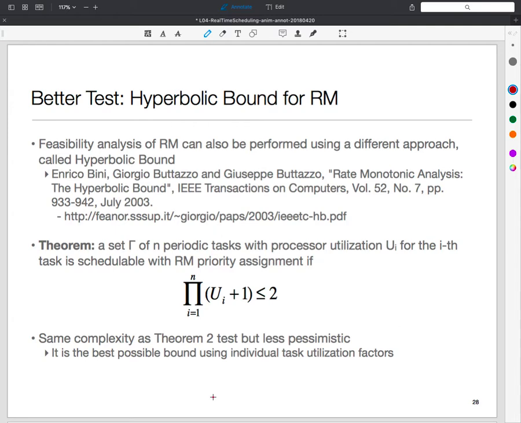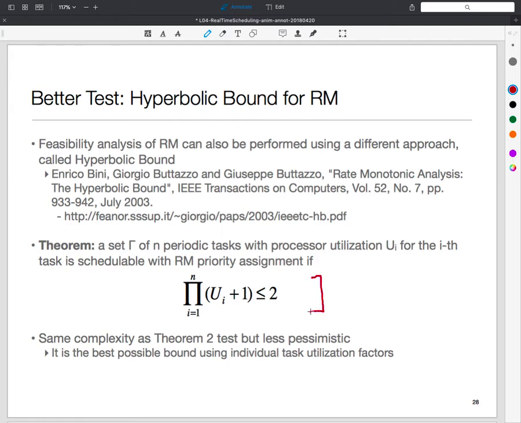And then it turns out that if given a set of tasks, this constraint is satisfied, that is, if the product of (U_i + 1) is less than or equal to 2, then the task set is schedulable. And if not, we can't say. It turns out that this one covers a lot more task sets than the previous formula did.